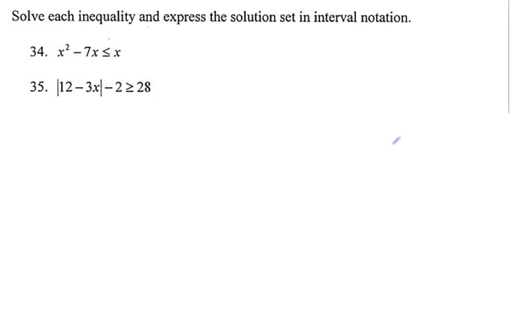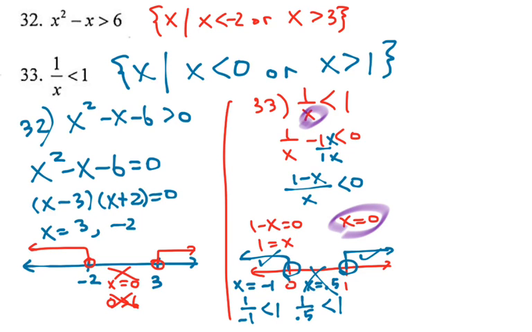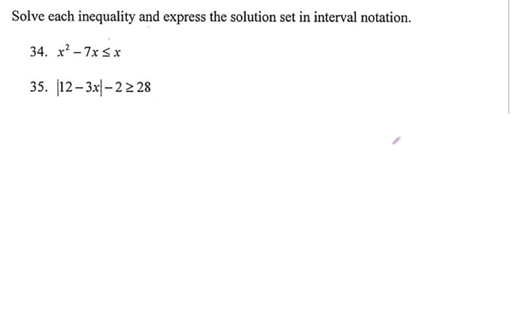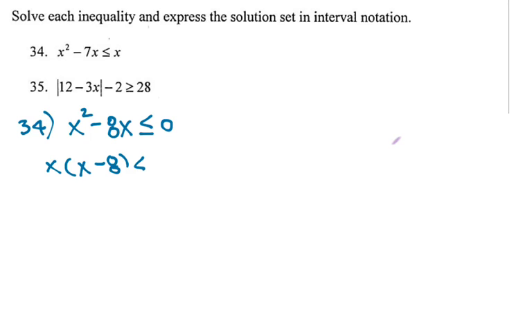Number 34 is very similar to number 32. Let's try to look at it. First I'm going to subtract x. Then we get x squared minus 8x, which is less than or equal to 0. Now we can factor out x times x minus 8, which is less than or equal to 0.